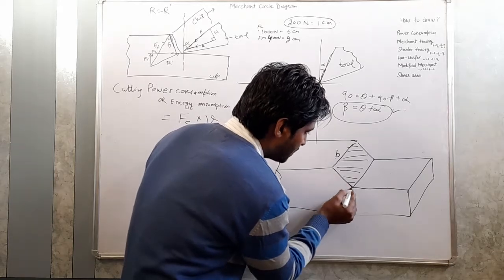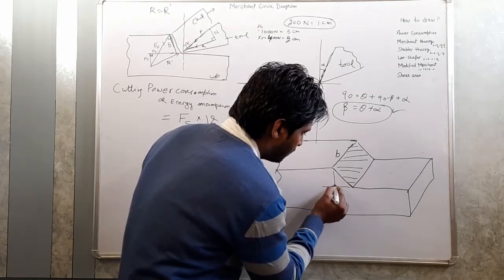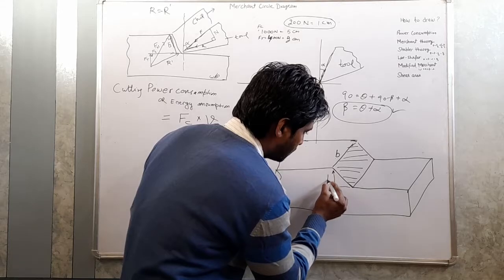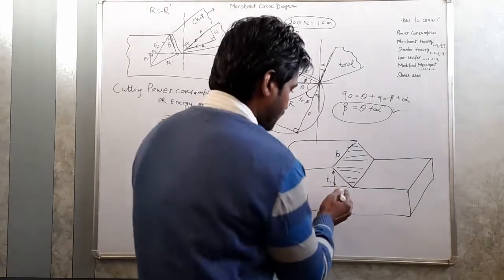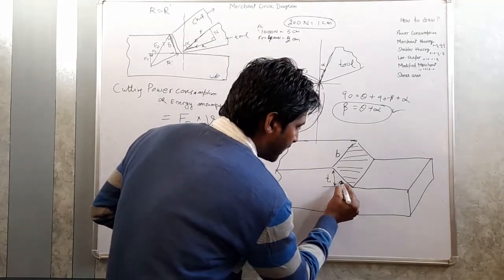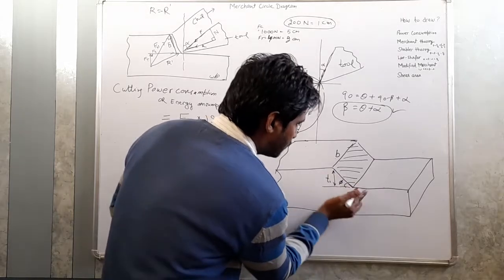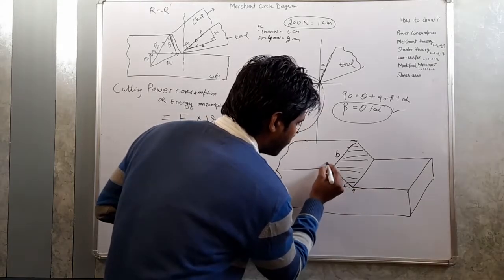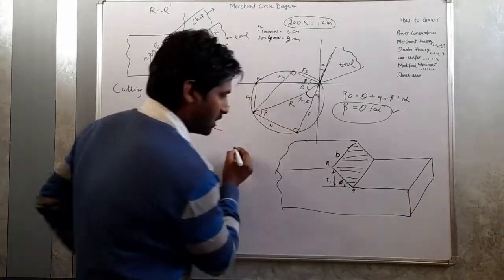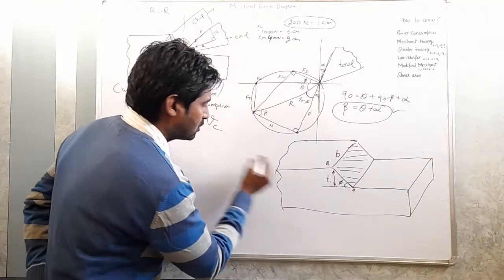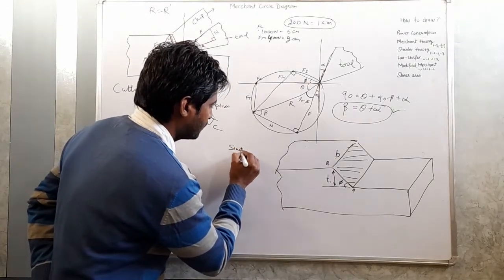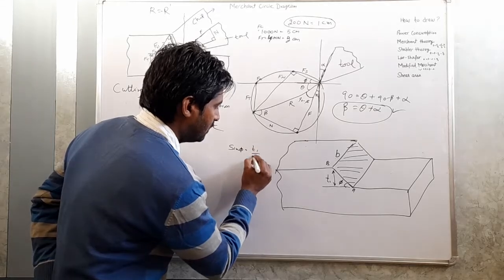How to calculate this length? As you know, this is T1, the uncut chip thickness, and this angle is phi. So what is the value of this, suppose AB? Sine phi equals T1 by AB.